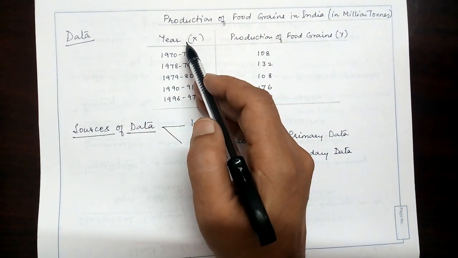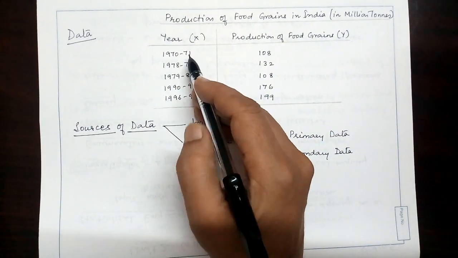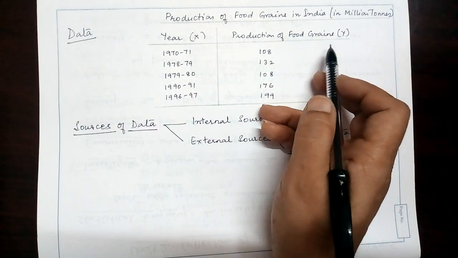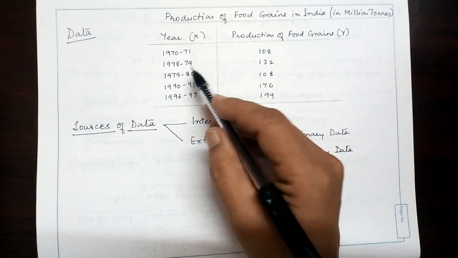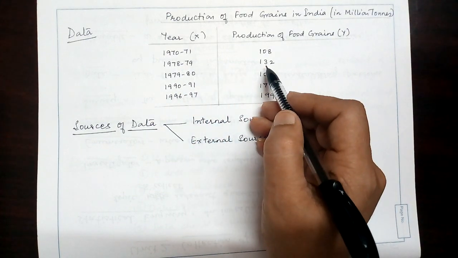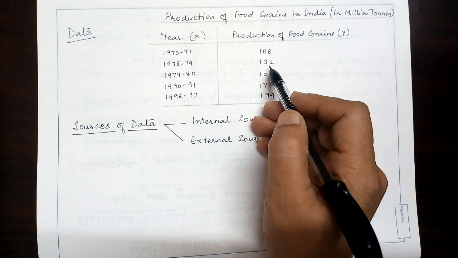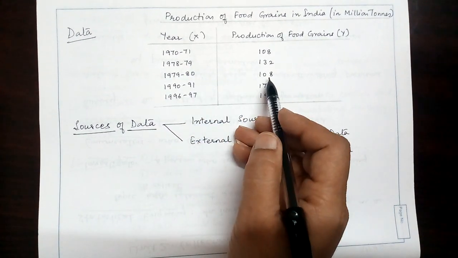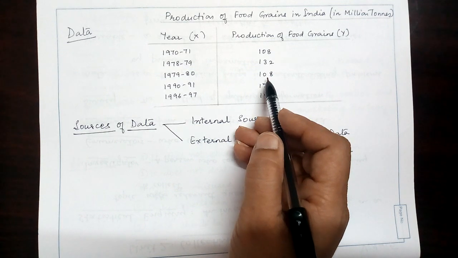Now in the year 1970-71, the production of food grains was 108 million tons. Whereas in 1978-79, the production of food grains was 132 million tons. And in 1979-80, it was 108 million tons.